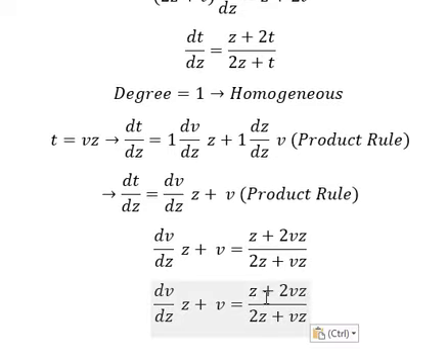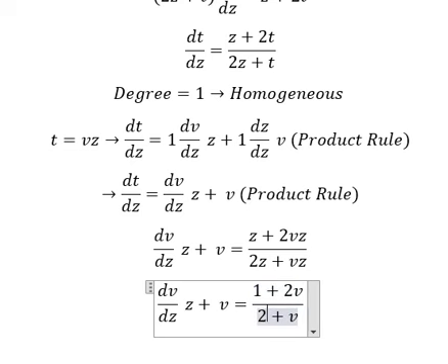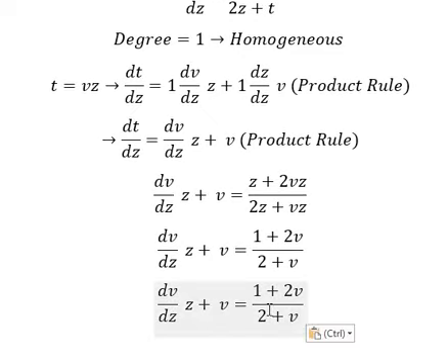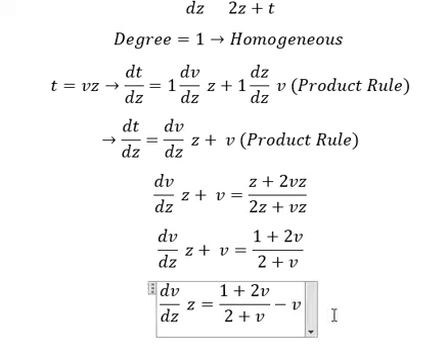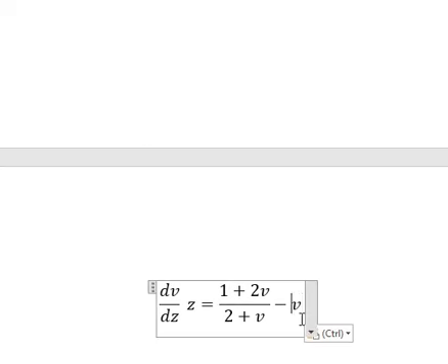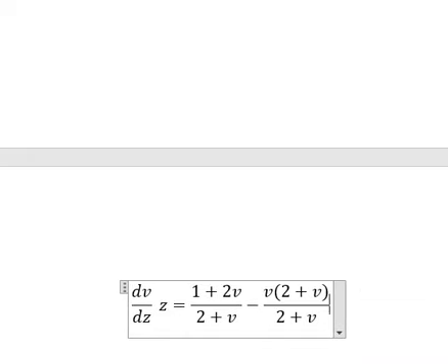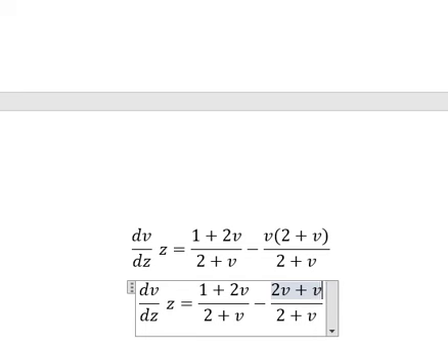And now we divide by z on numerator and denominator. Next, I will put v go to the right. So we can do common denominator. So this one is 2v plus v squared.